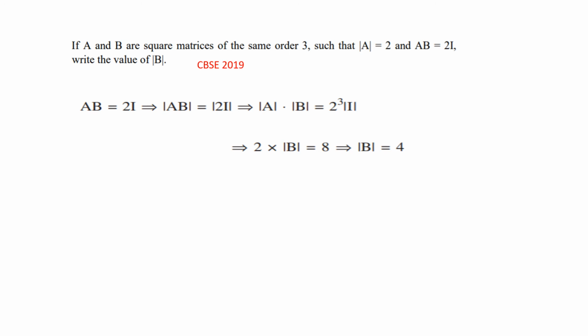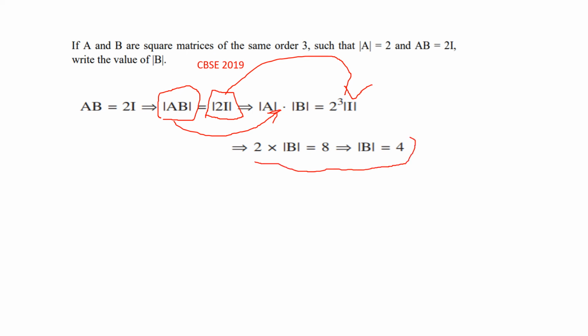This is based on the simple property that determinant of AB is determinant A into determinant B, and for determinant of 2I it will become 2 cube into determinant I, because when we are taking out the common factor outside the determinant, it is taken common from each row of the matrix. So in this way you can calculate determinant B as 4 very easily.